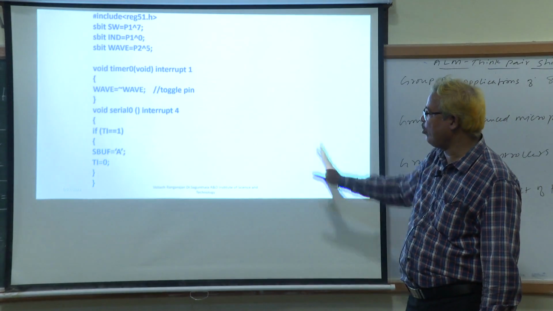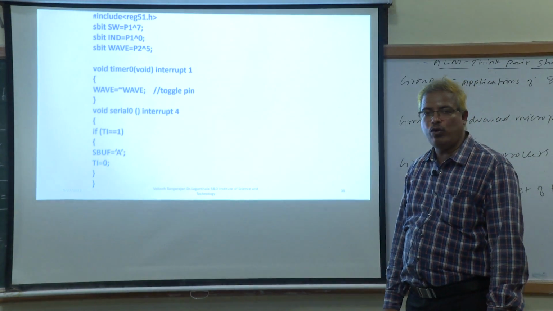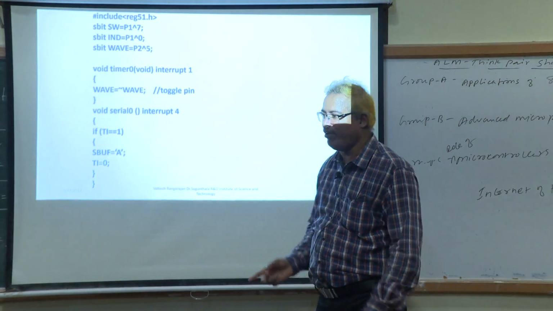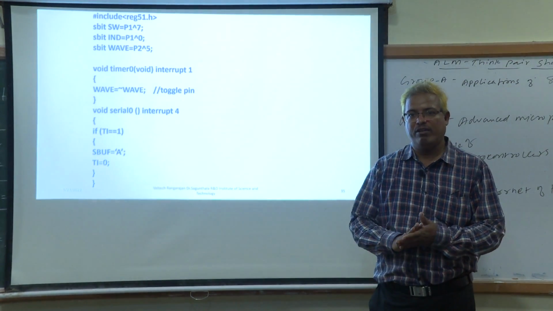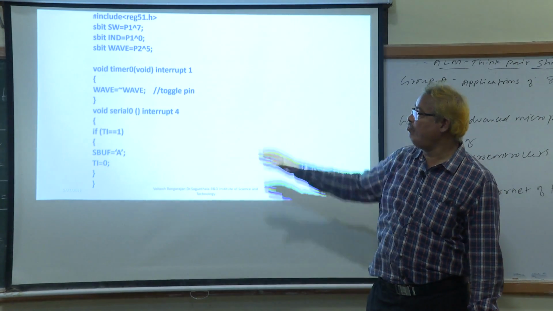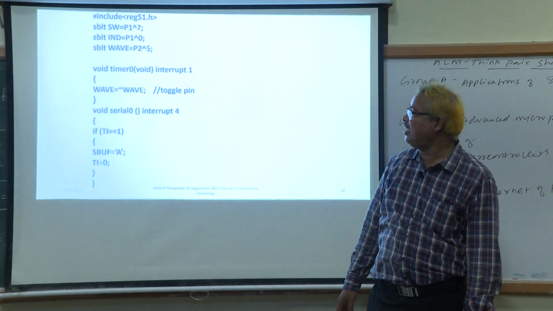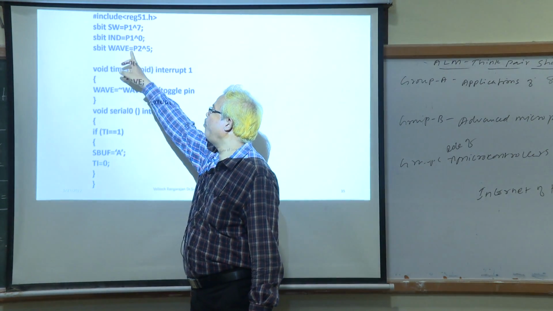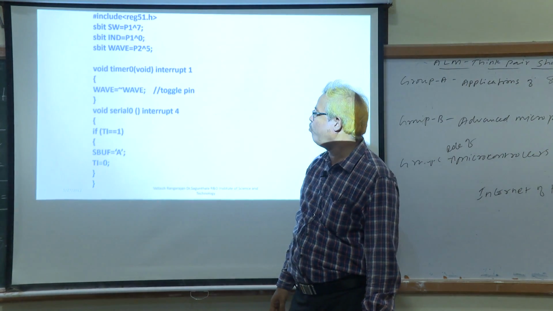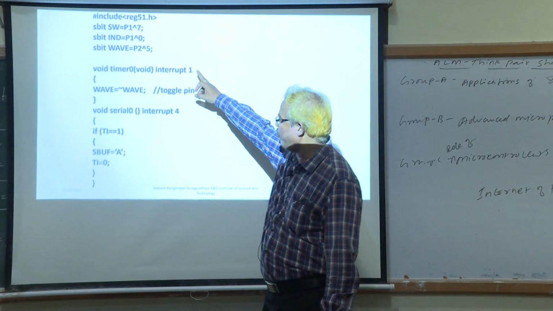So we are going to use two timers here. For two interrupts, two timers are used: one timer is for serial communication, and the other timer is for creating the delay. The program starts with including the register file, then SW is declared, that is port 1.7, port 1.0, and the square wave is generated on port 2.5, and this is interrupt 1.